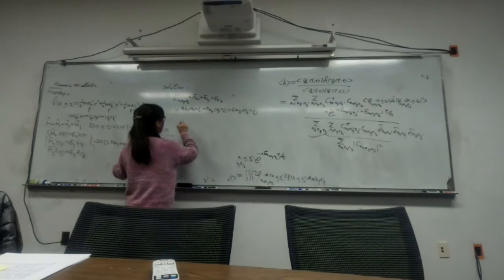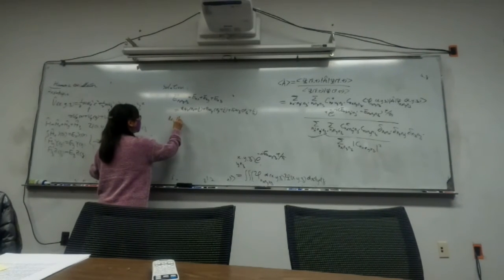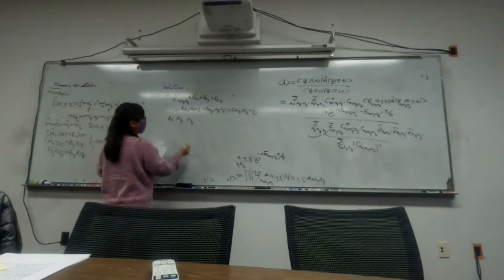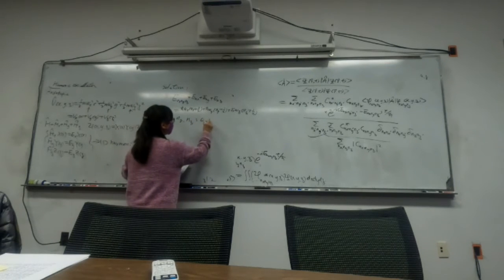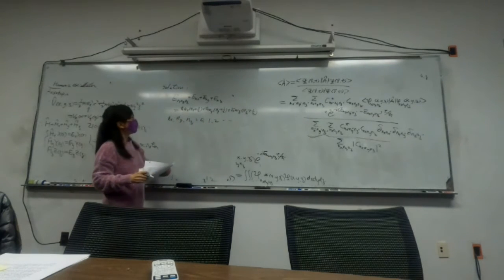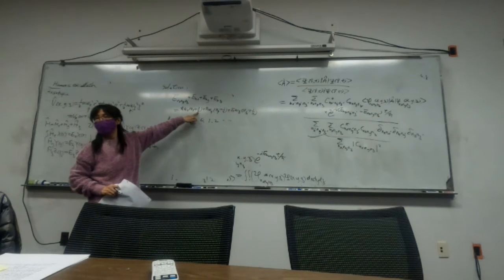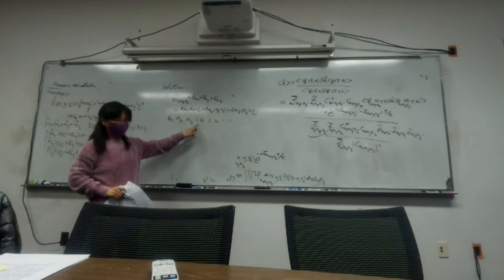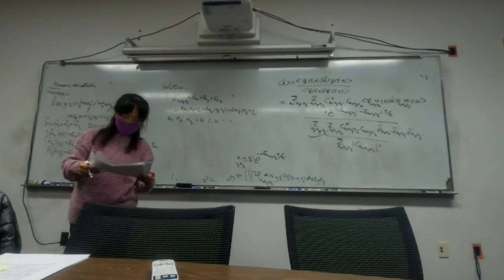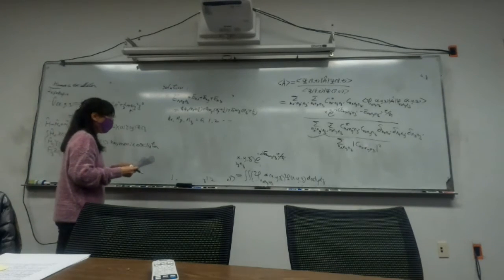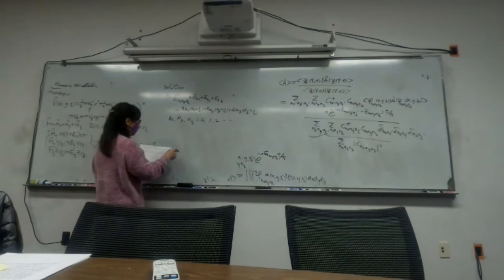Here, what are nx, ny, nz? The quantum numbers start from 0, because the zero-point energy is this half term. So the quantum numbers run from 0, 1, to all integers.